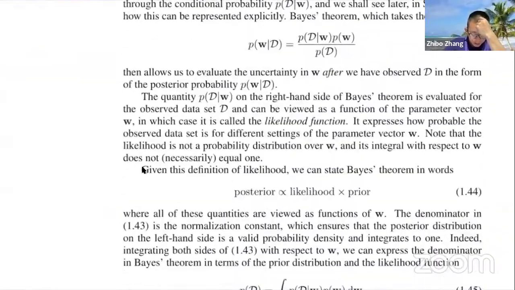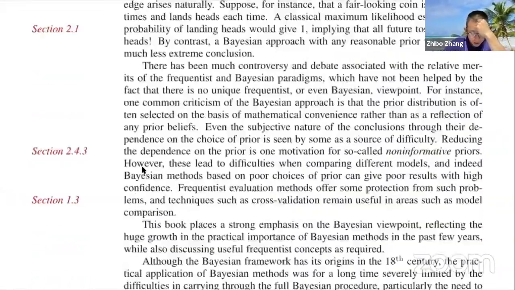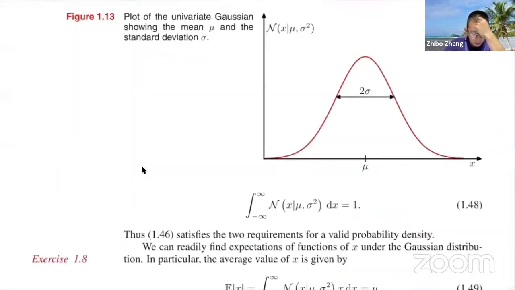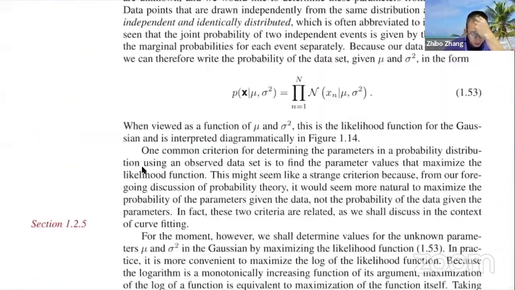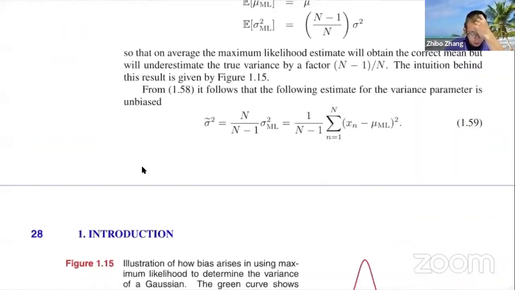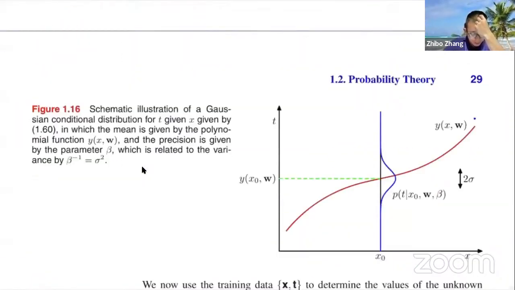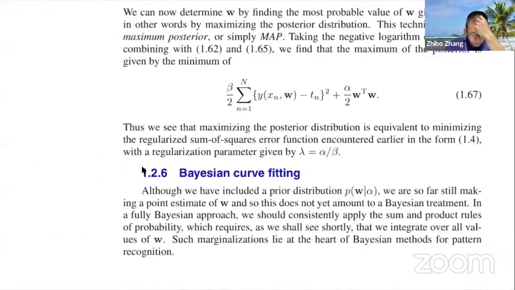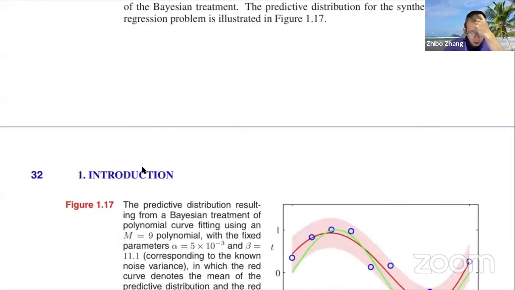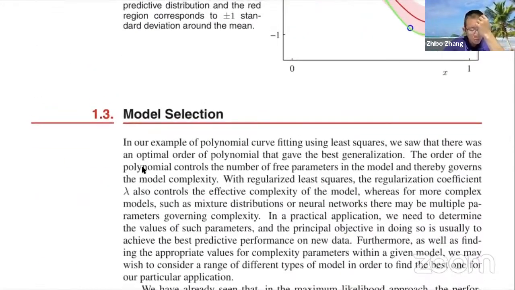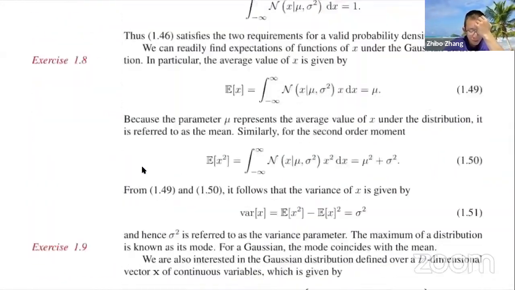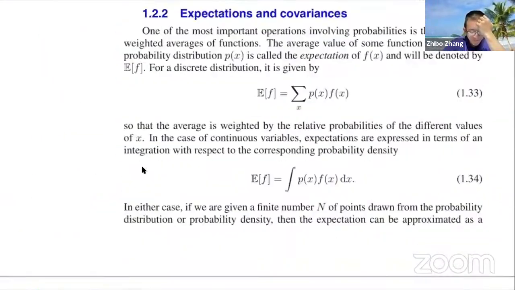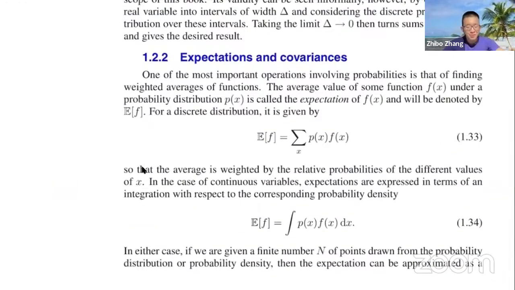So let's look at it. After that, it's going to be pretty much the Gaussian distribution and the Bayesian probabilities. Not super much left.